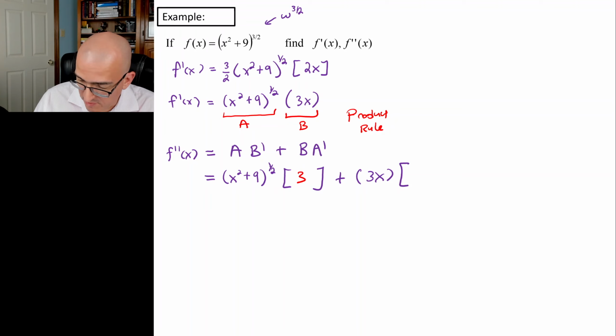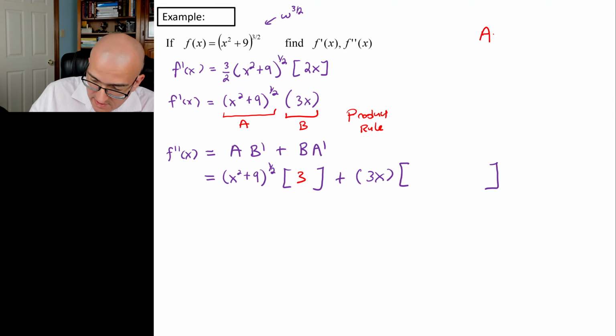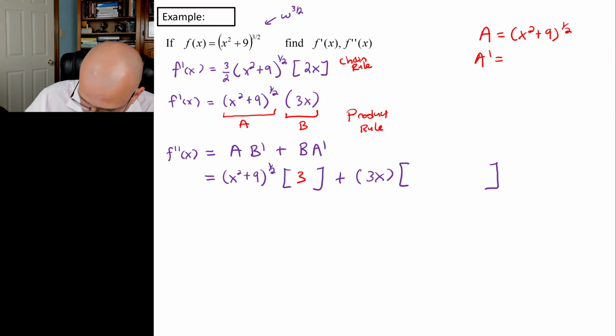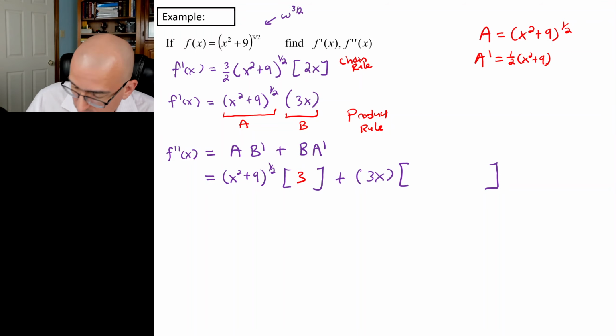I'll leave a spot for a prime. I'll calculate a prime off to the side. A is equal to x squared plus 9 to the power 1/2. For a prime, we'll need the chain rule. The power will come down: 1/2 times x squared plus 9 to the negative 1/2.